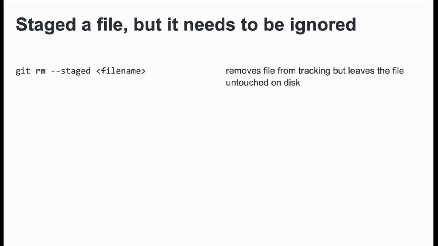Because you cannot see it if you type git status. So you need to type git rm --cached and then the file name, and it removes the file from tracking. And do not forget the flag, because otherwise it will actually delete your file.